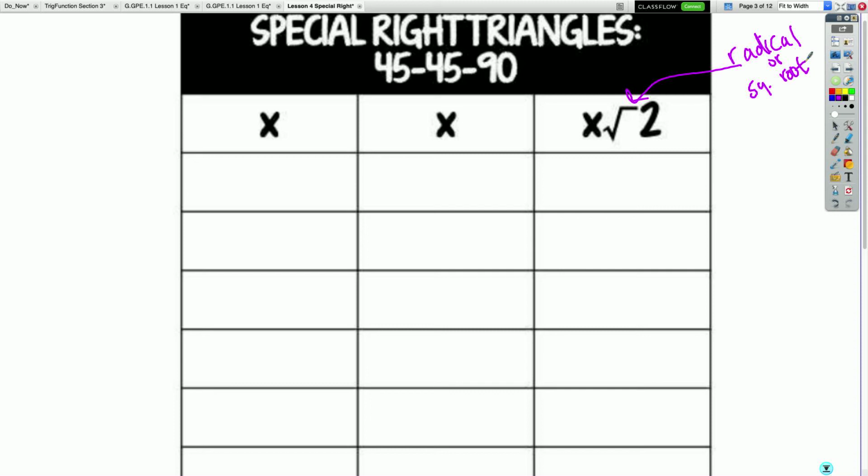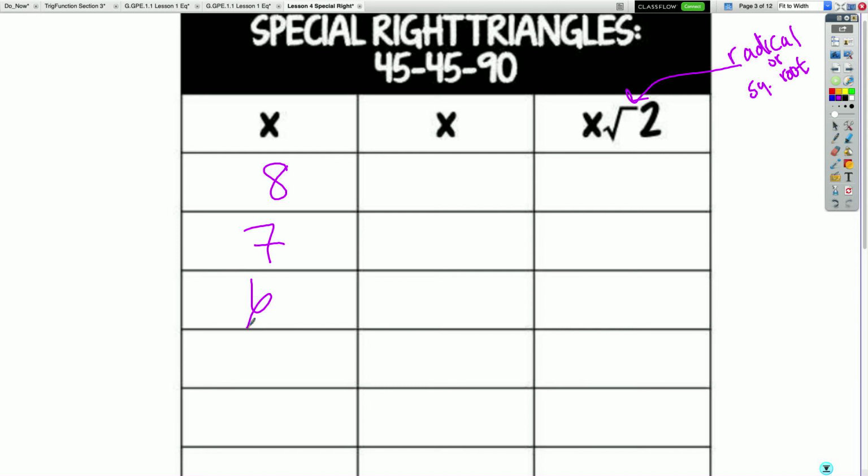So we're just going to practice doing some numbers here. I'm just making up some random values. We're going to start with 8, 7, and 6. So I'm giving you a side length here. In a special right triangle, you'll always be given one side, and you can use that one side to figure out your other sides.